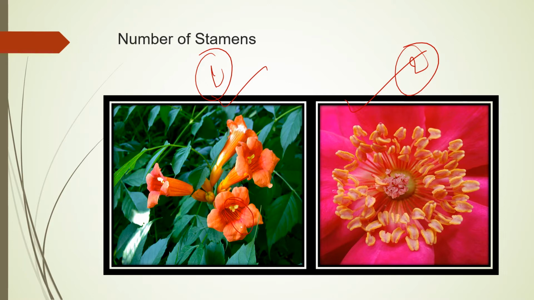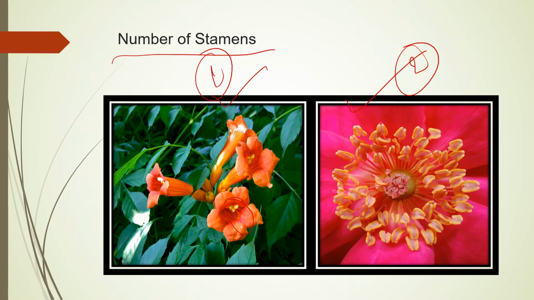So it depends on the plants, on the different species, how many stamens there will be. So the flowers vary on the number of stamens. So there is a variation.